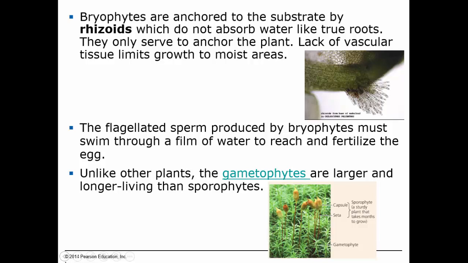The reproductive cycle of non-vascular plants also is dependent upon water. These organisms have male and female gametophytes, just as we studied in the alternation of generations previously, and the male gametophyte produces flagellated sperm that has to swim through water in order to fertilize the egg.